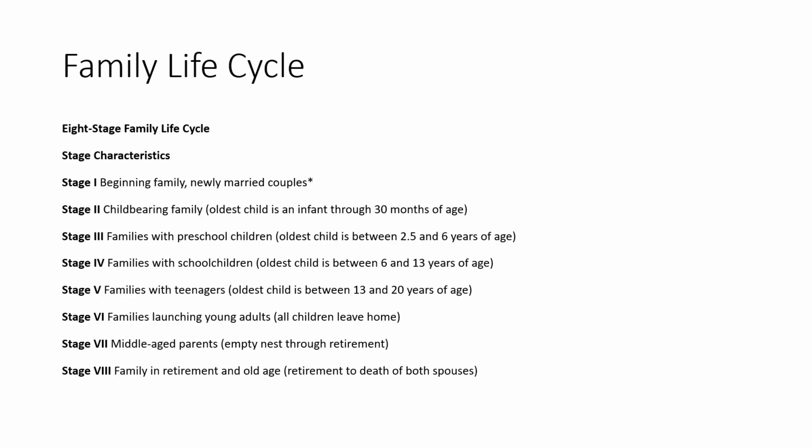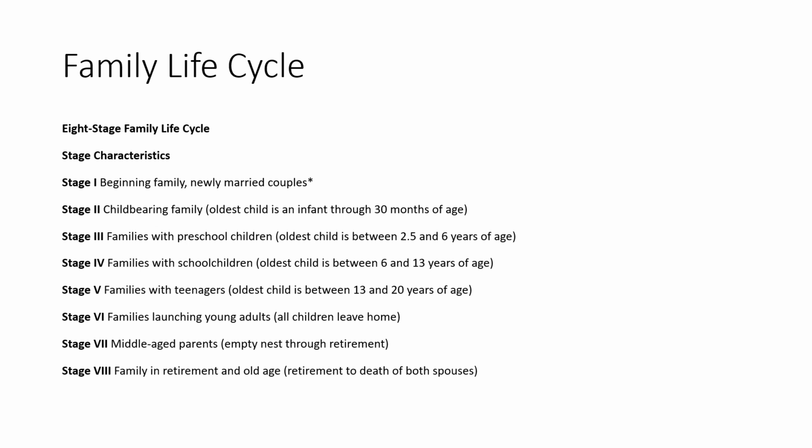This is the family life cycle, the stages and characteristics: stages 1 through 8, beginning with the family of newly married couples. Stage 2 is childbearing families, where the oldest child is an infant through 30 months of age. Stage 3 is families with preschool children, where the oldest child is between 2.5 and 6 years of age.